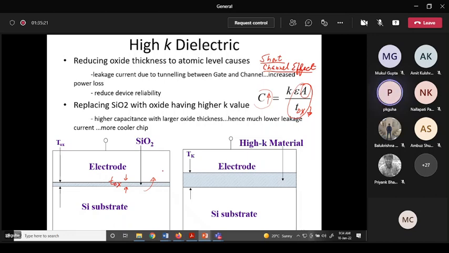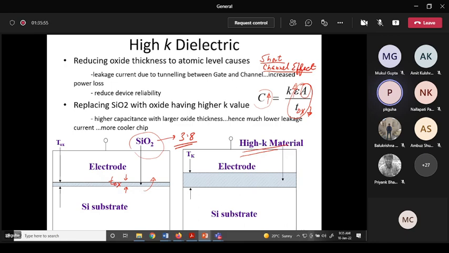So what we can do, instead of reducing Tox, is use a different material with higher K value instead of SiO2. So what is the K value of SiO2? The dielectric constant of SiO2 is around 3.8.